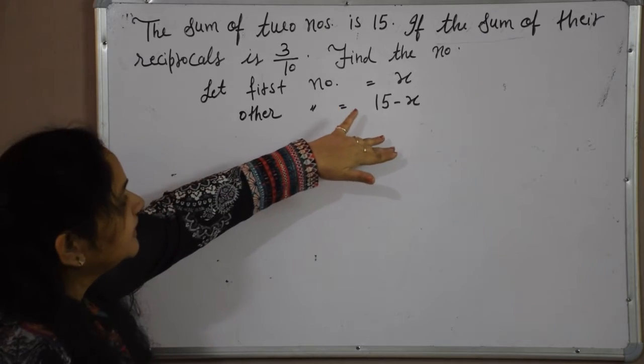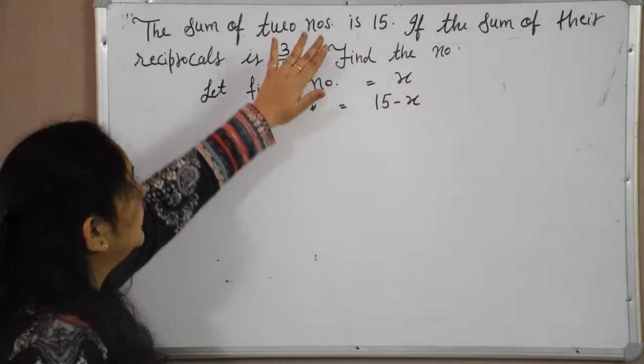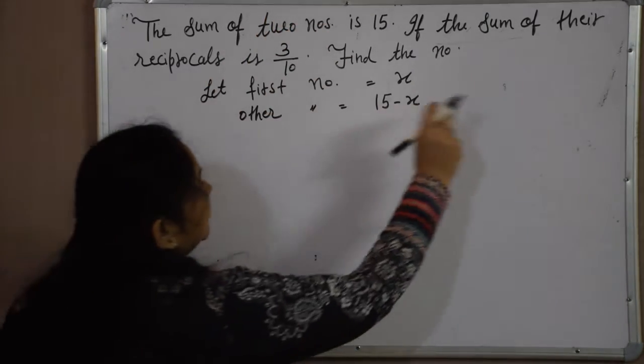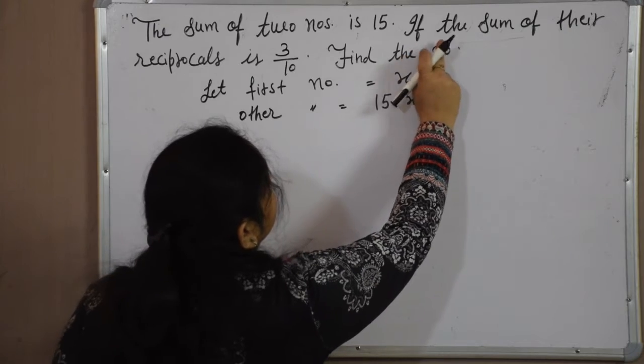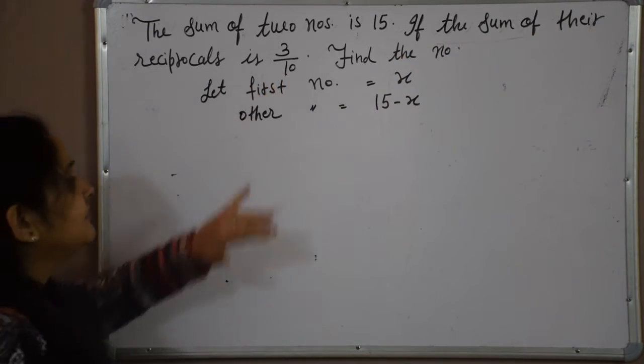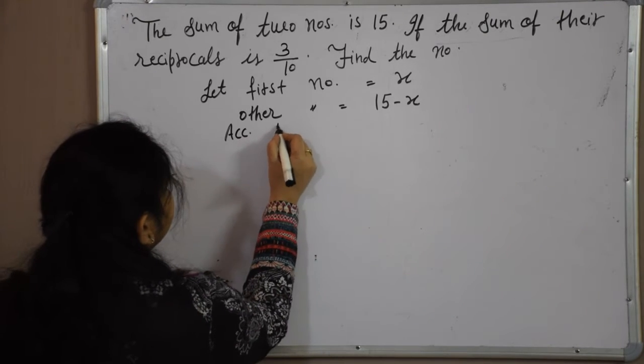This we bring from the condition that the sum of two numbers is 15. So the first condition we have used up to here. Now we will come to the second condition. It is given that the sum of their reciprocals is 3 by 10, so first of all we have to take their reciprocals.